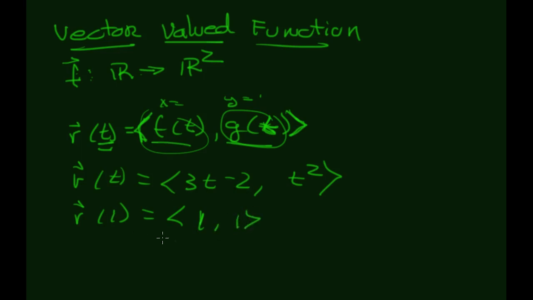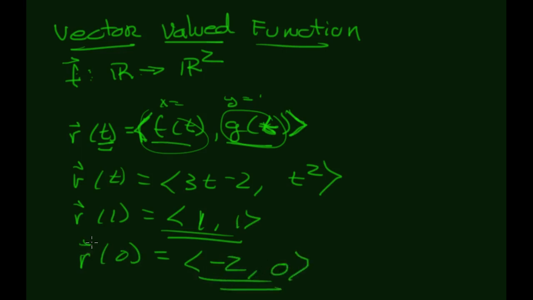So this is going to return the vector 1, 1. If I had r of 0, this would have returned the vector negative 2, 0. So every value that you put in for t is going to return a two-dimensional vector as a result. So that's what vector valued functions are.